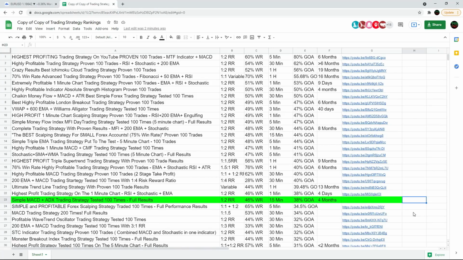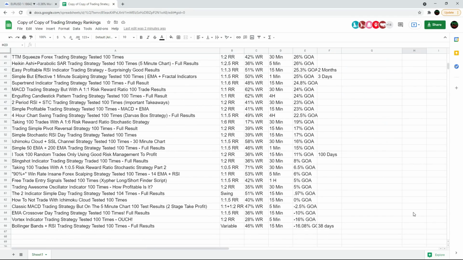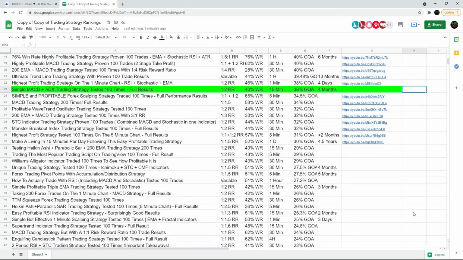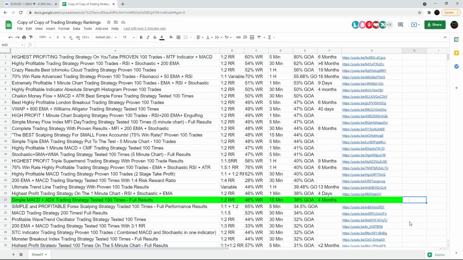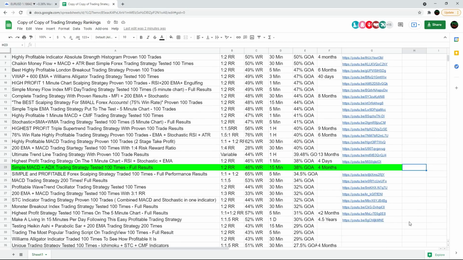Okay. Here it is on the spreadsheet, falling at spot number 23 out of 66 strategies tested so far on the channel. So falling in that mid to upper tier of strategy tests, not too bad at all. Now when we compare it to the other MACD strategy tests with the classic MACD strategy, we can see that some of them fall below, but not that much below.